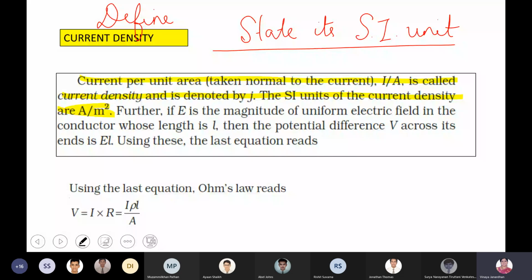The current per unit area is the current density, and it is denoted by the letter J. The SI unit of current density is ampere per meter squared.